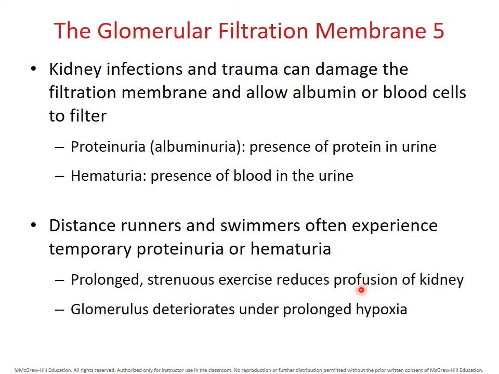And with that reduced blood flow for such a long period of time, say like during a marathon, the glomerulus actually begins to deteriorate because of the hypoxic conditions that occur during those 2 to 3 to 4 hours of, say, a marathon. And that deterioration can then lead to damage of the membrane, which leads to proteinuria or hematuria. Thankfully, this is temporary, and the glomeruli can reestablish themselves fairly quickly once the endurance activity is ended.